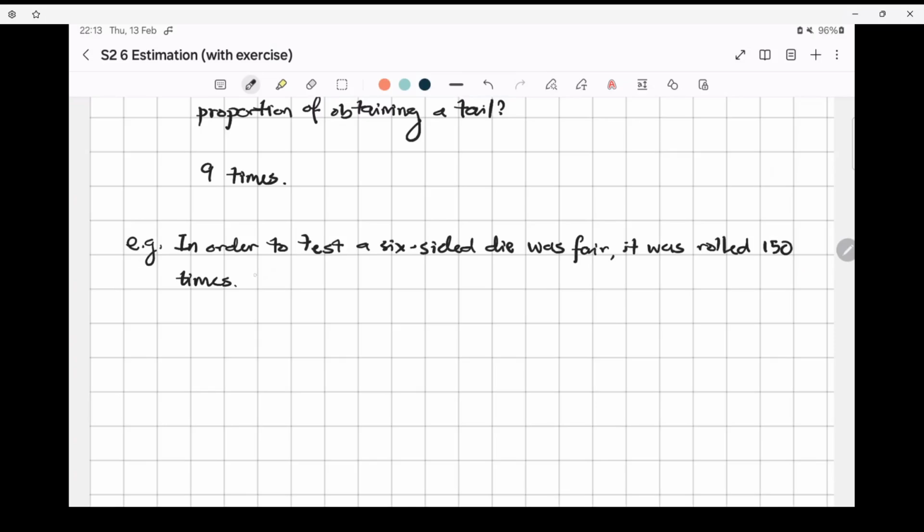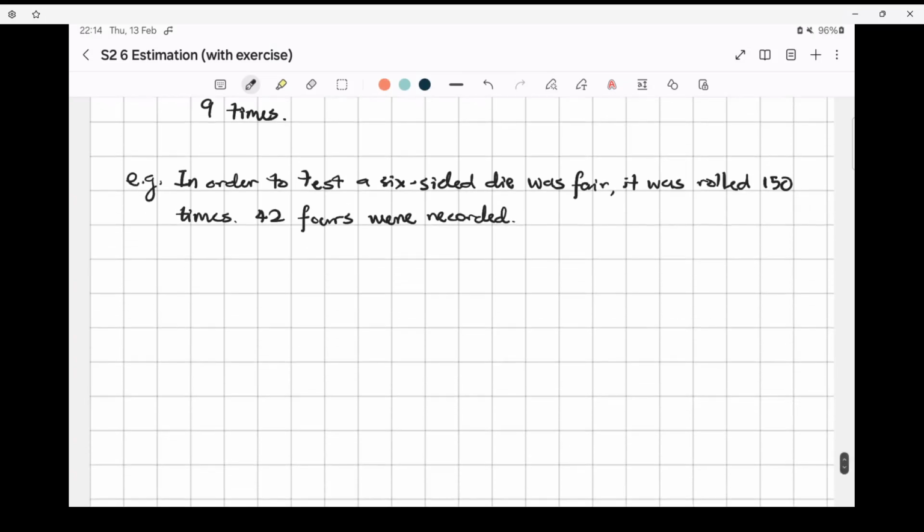And 42 fours were recorded. So you have 1, 2, 3, 4, 5, 6. 4 recorded 42 times. So part A, find the sample proportion, which is your p hat.